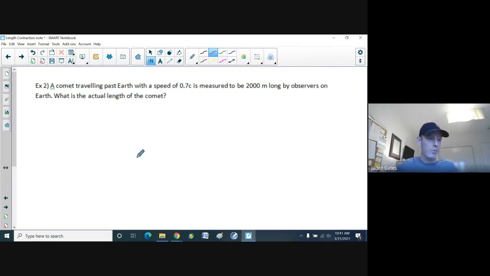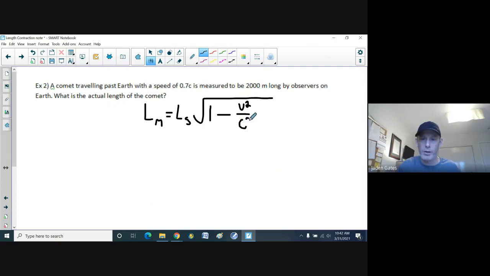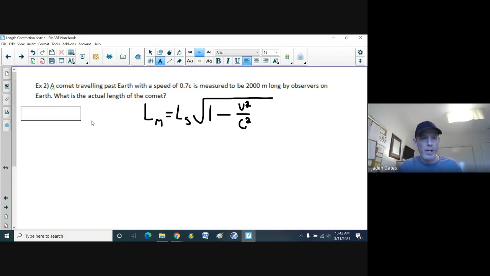All right, so again, I'm going to use my formula here. I'm going to write it down. We got LM is equal to LS times the square root of 1 minus V squared divided by c squared. These are hard to write with a mouse. Man, it's killing me. All right, so again, c is always the speed of light. That doesn't change.